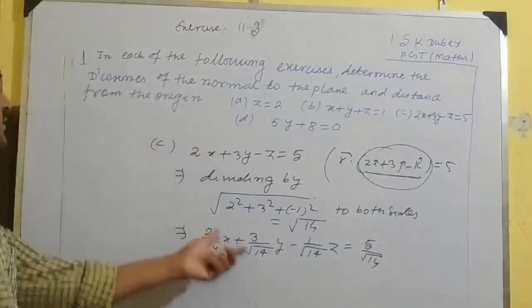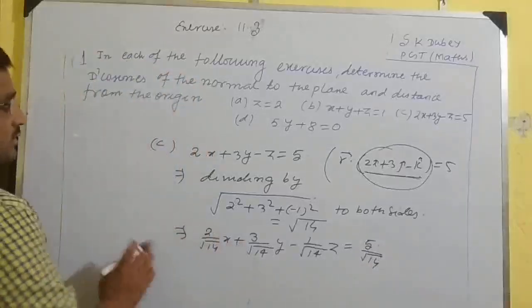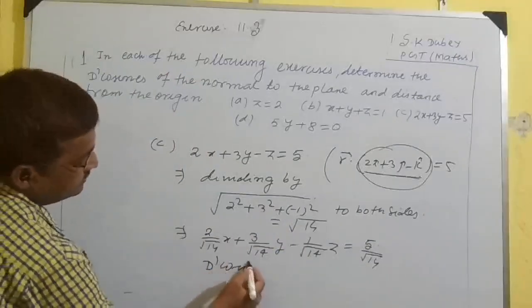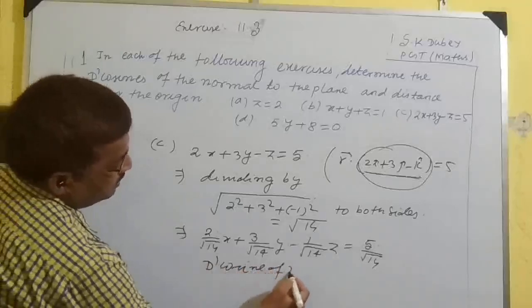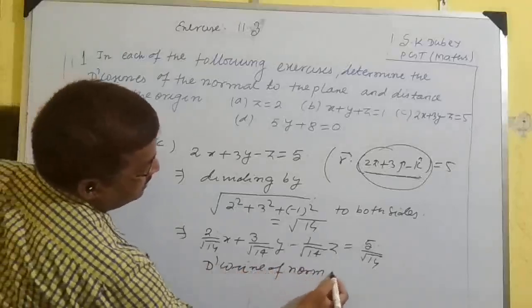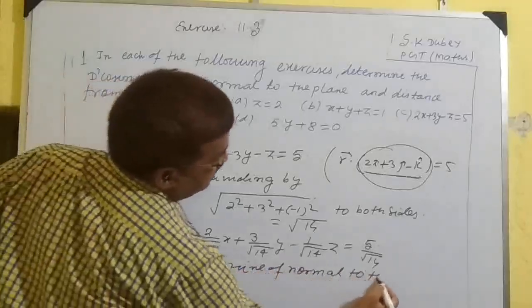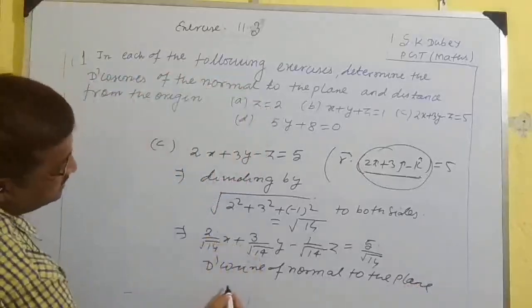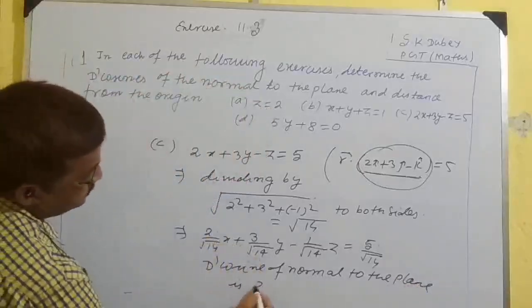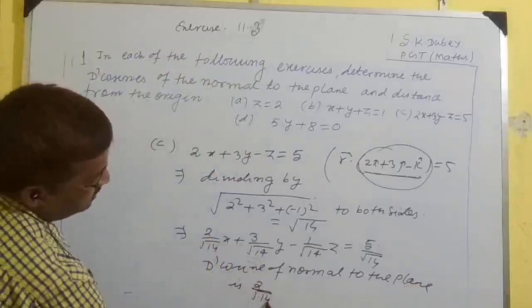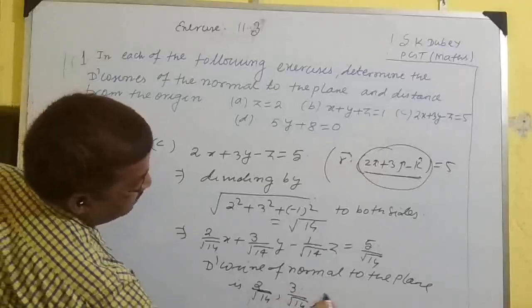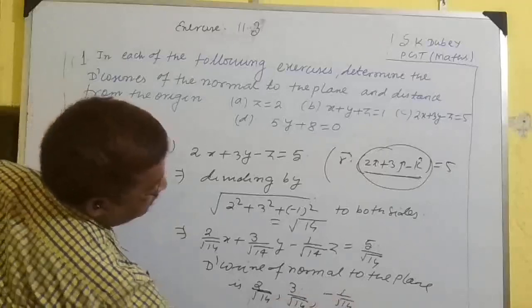If we compare this equation by a scalar equation of plane in normal form, the direction cosine of normal to the plane is 2 by root 14, 3 by root 14 and minus 1 by root 14.